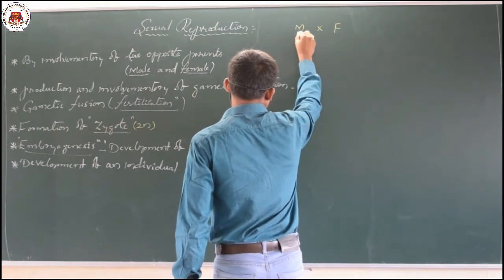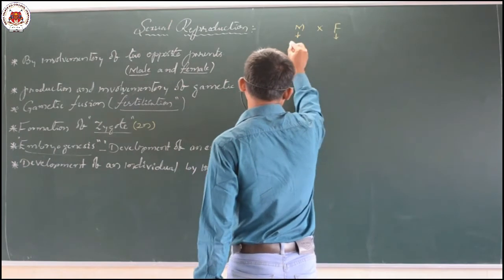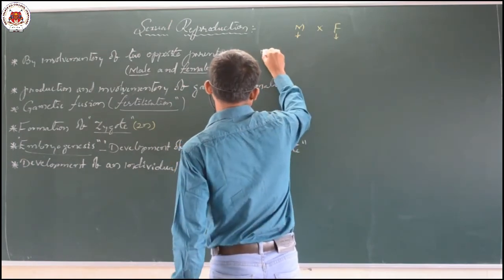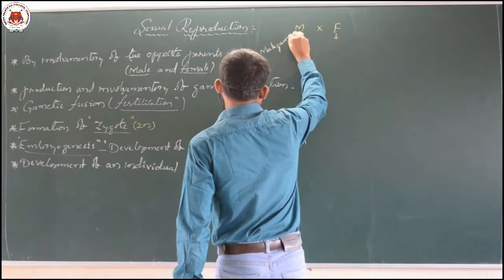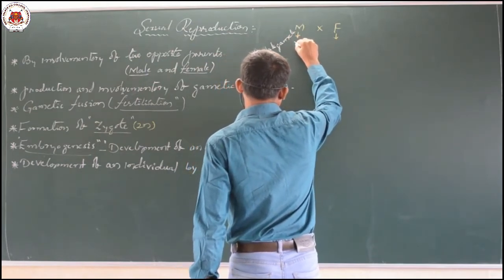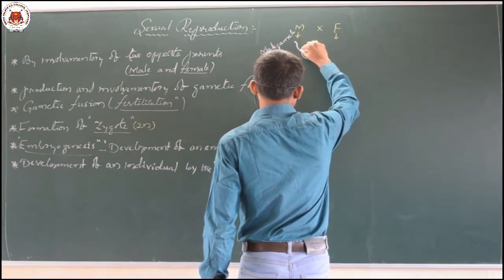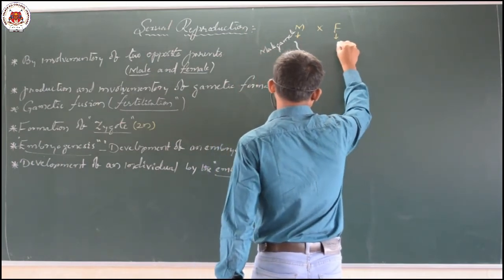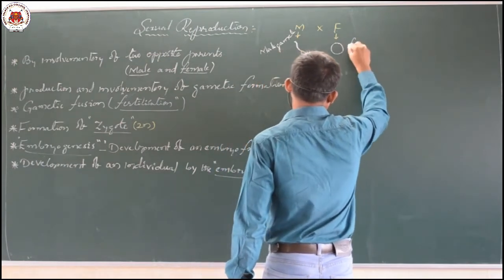Now these parents produce gametes. The male parent produces a male gamete. If you observe, this is a male gamete and this we call a female gamete.